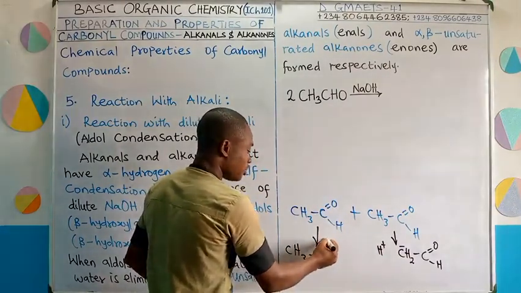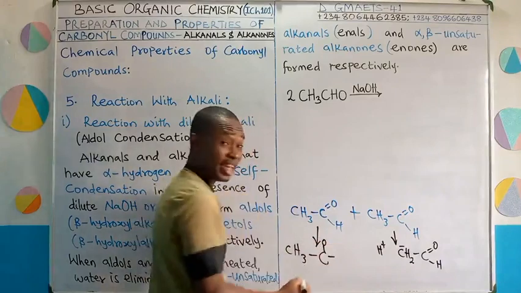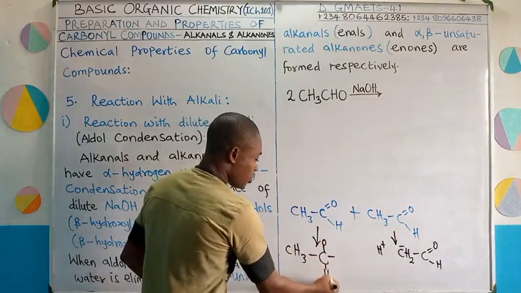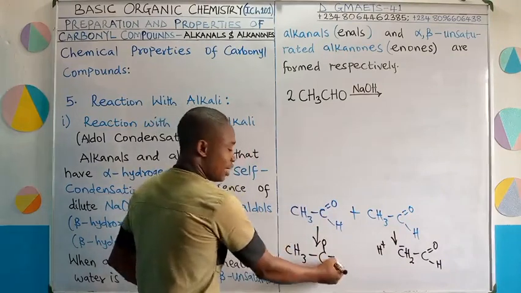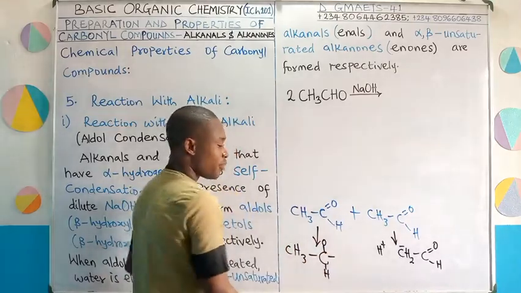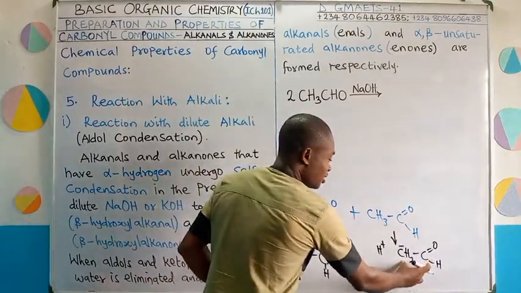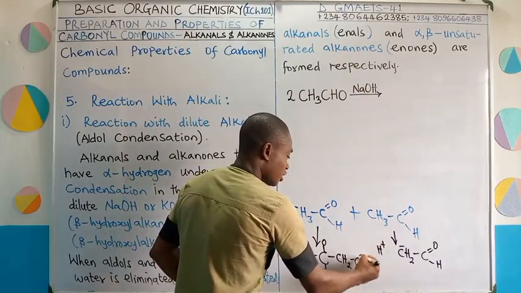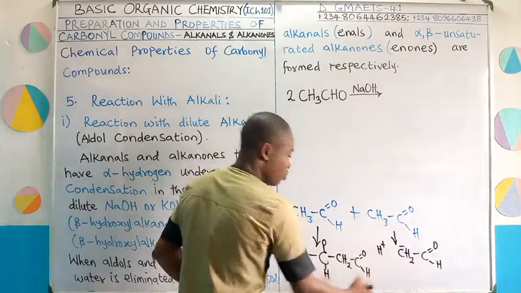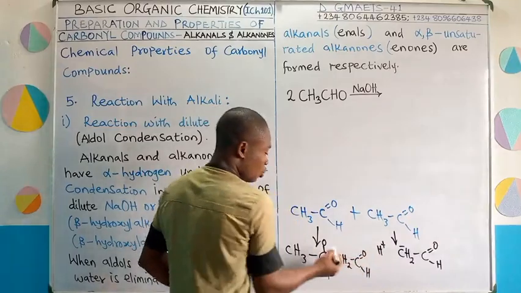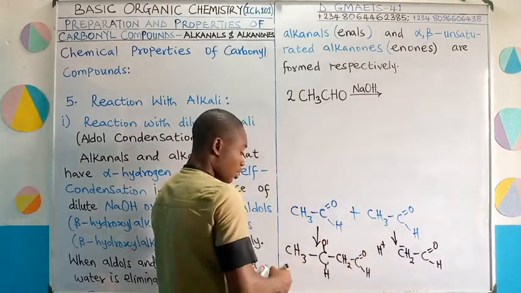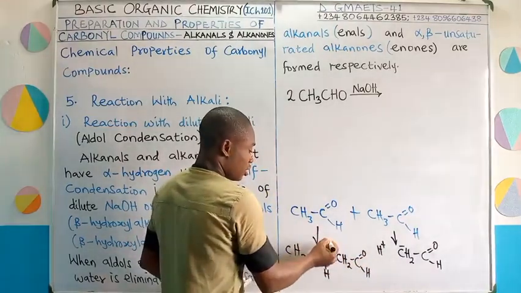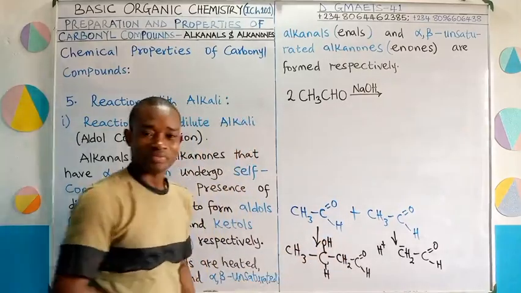Now this is the oxygen, negative. This is the hydrogen. Then this is an empty bond. The empty bond will now take this carbanion, which is CH2, C double bond to oxygen, and single bond to hydrogen. This hydrogen will now attach itself to this oxygen, giving us something like this.